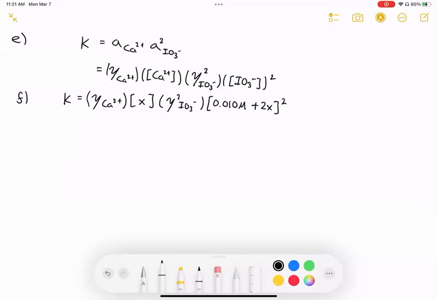All right. So now we're going to use the solubility and solve for the solubility product right here. So let's do that.